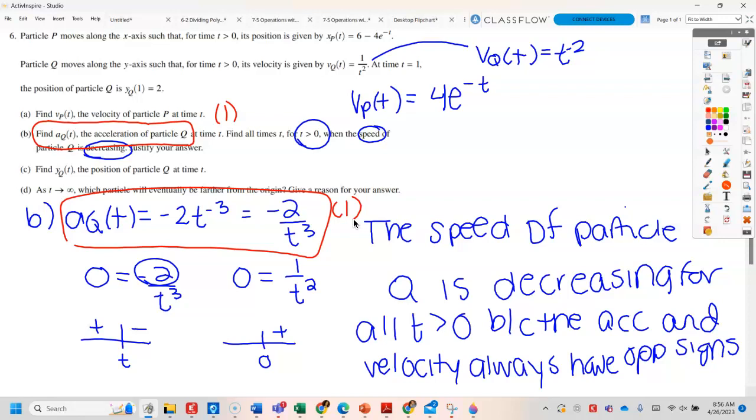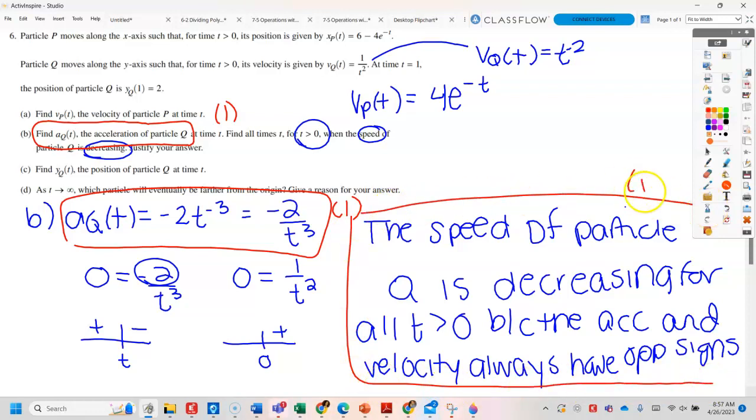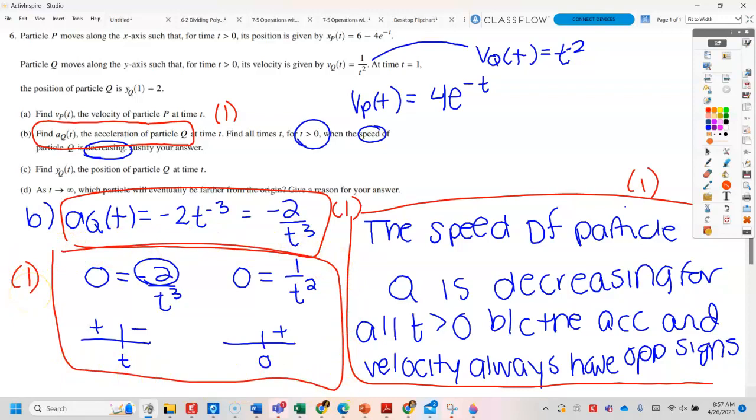The justification is worth 1 point. You can't justify something without showing mathematically where it came from. So the consideration of acceleration and velocity when they change sign or equal 0 is worth your other point. So the consideration of the signs is worth a point, the description is worth a point, and the acceleration is worth a point. So part B is worth 3 points.